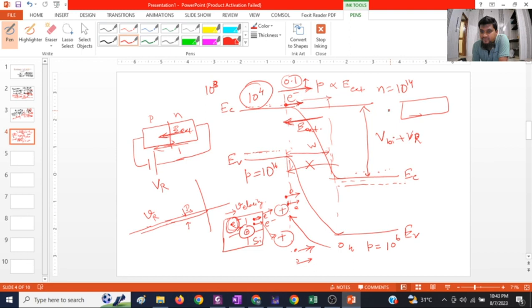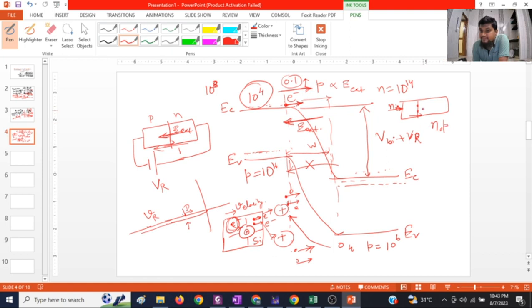first let's assume there were n naught electrons. After some distance, it knocks out how many? That will become n naught times p, into 2.